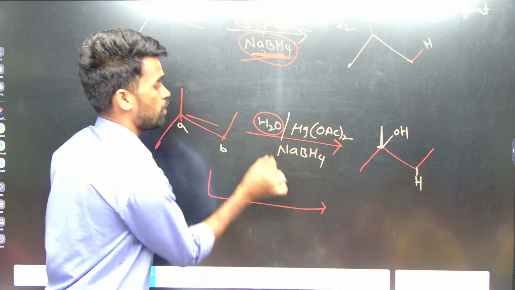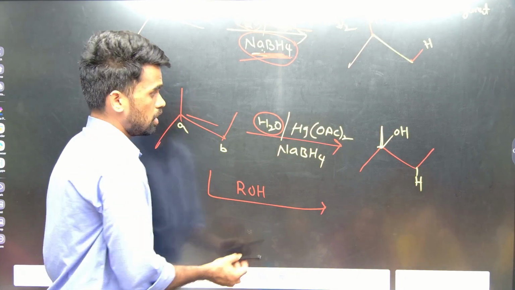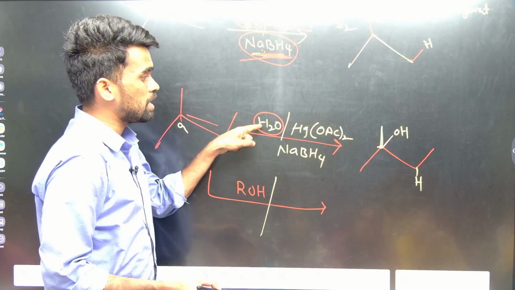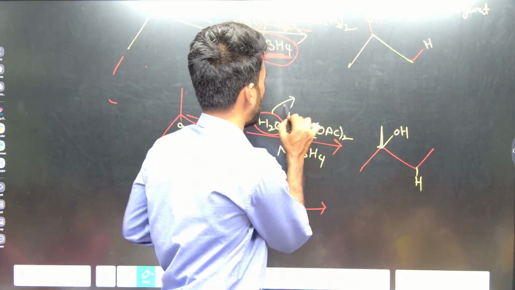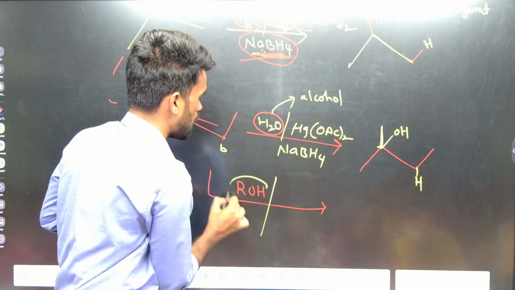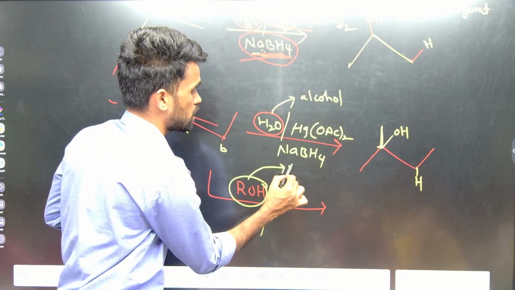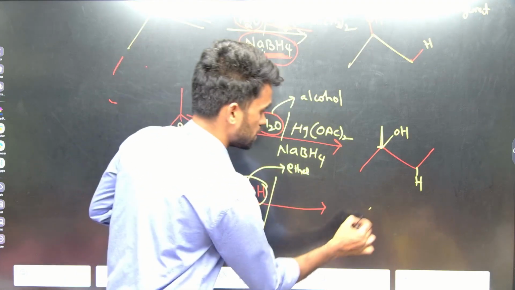So what did I use here? Instead of using H2O, I can also use alcohol. What can I use? Alcohol. When I use water as my nucleophile, the product formed is alcohol. When I use water, what is the product formed? Alcohol. If I use alcohol as my nucleophile, the product formed is ether. What will it form? Ether. So how can you get that?